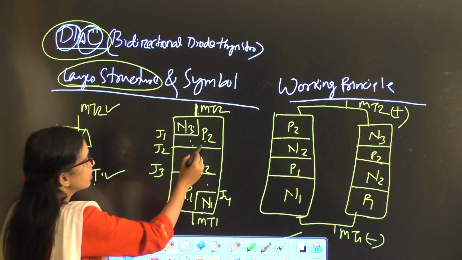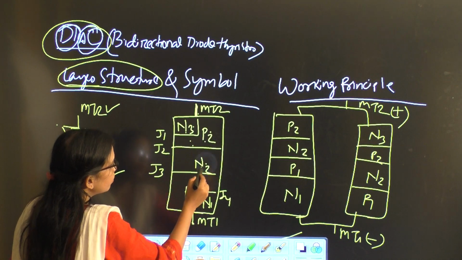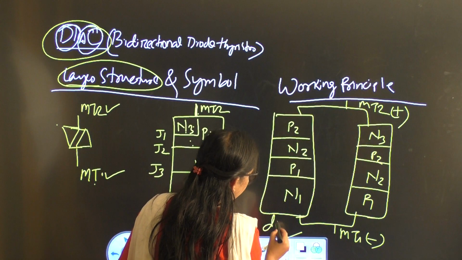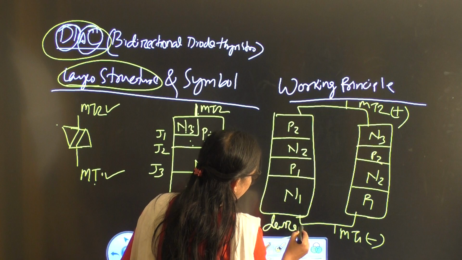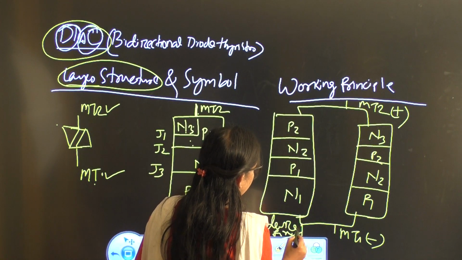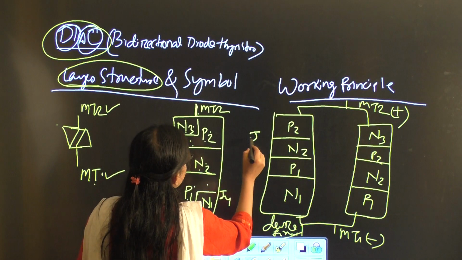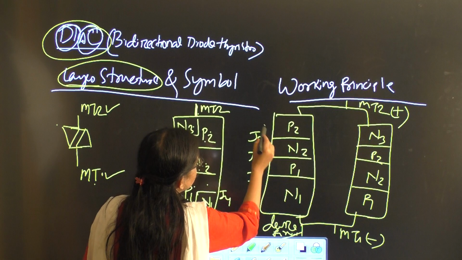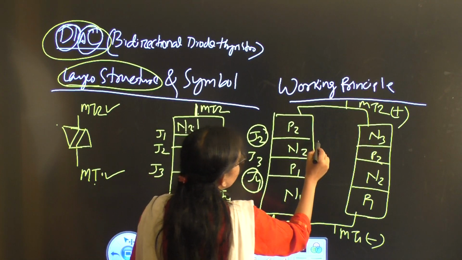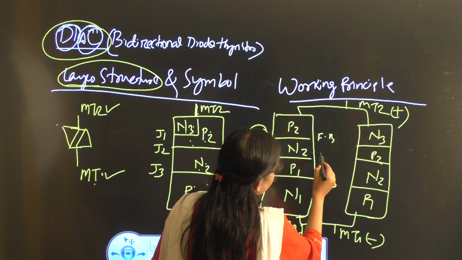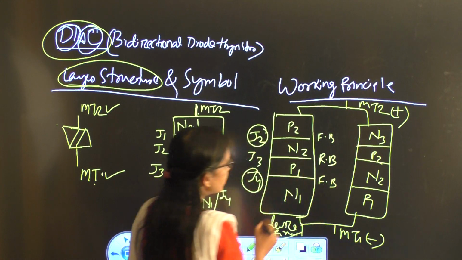So P2, N2, P1 and N1, that means device 1, becomes forward biased. That means junctions J2 and J4 become forward biased and the J3 junction becomes reverse biased.